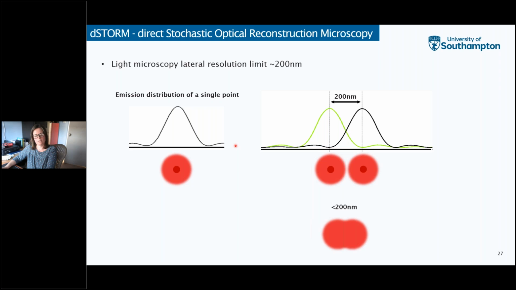So in theory, this means that with the light microscope, two points must be greater than 200 nanometers apart for them to be detected as two distinct points. Any closer than 200 nanometers, and they'll no longer be able to be discerned as two distinct points.